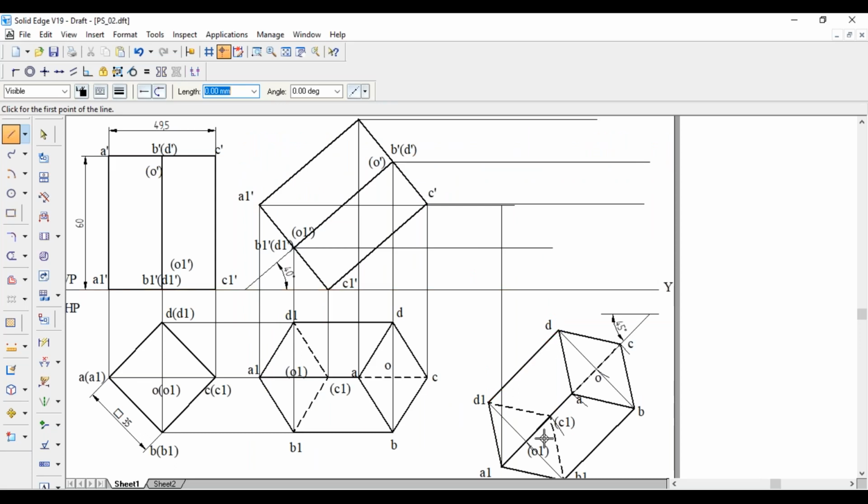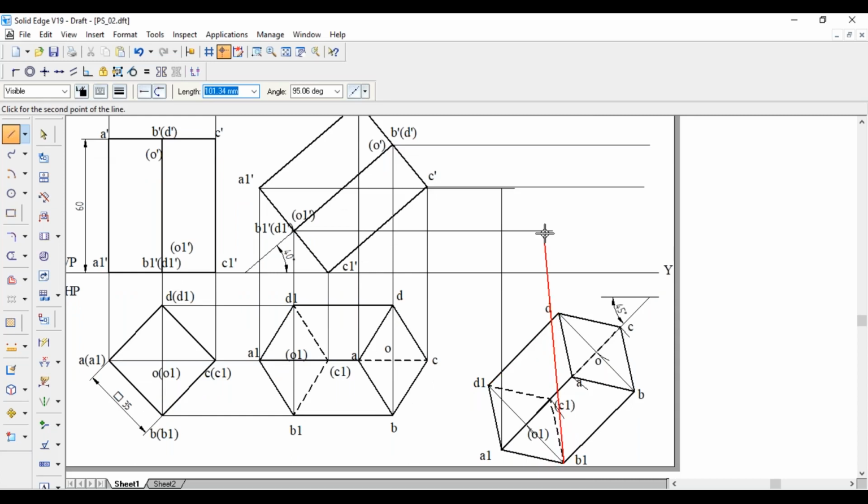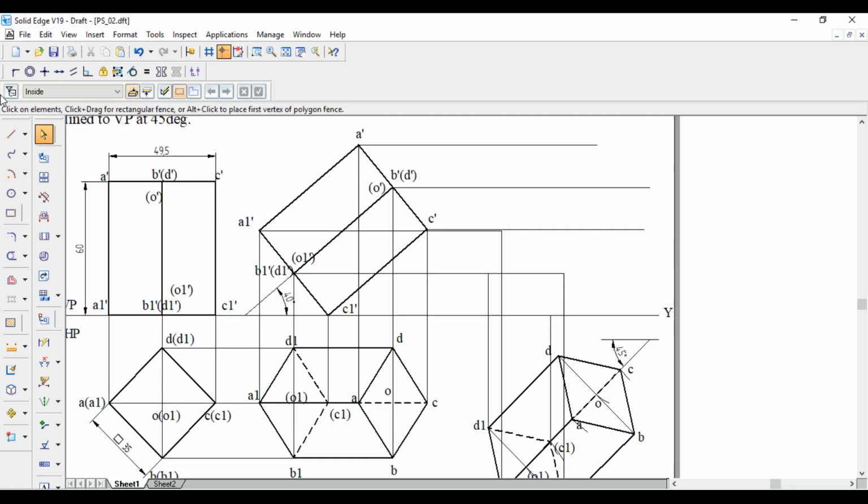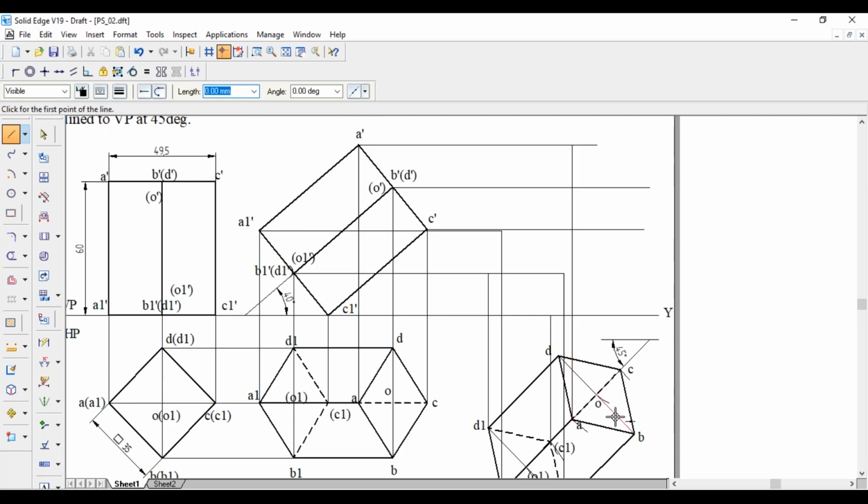B1, C1, it is there on XY line, till XY. D1. Similarly for ABCD: A, B, C, D.